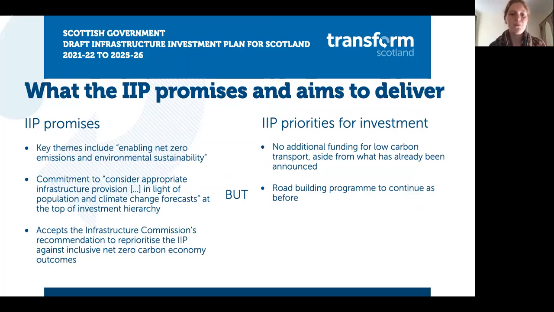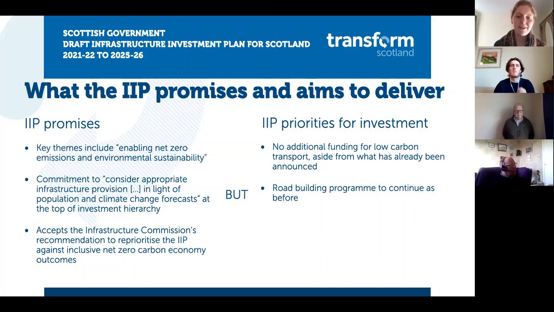So what does the IIP promise and what does it aim to deliver? In these first three chapters that I mentioned, the IIP promises to enable net zero emissions and environmental sustainability. There is a commitment to consider appropriate infrastructure provision in light of population and climate change forecasts at the top of the investment hierarchy.